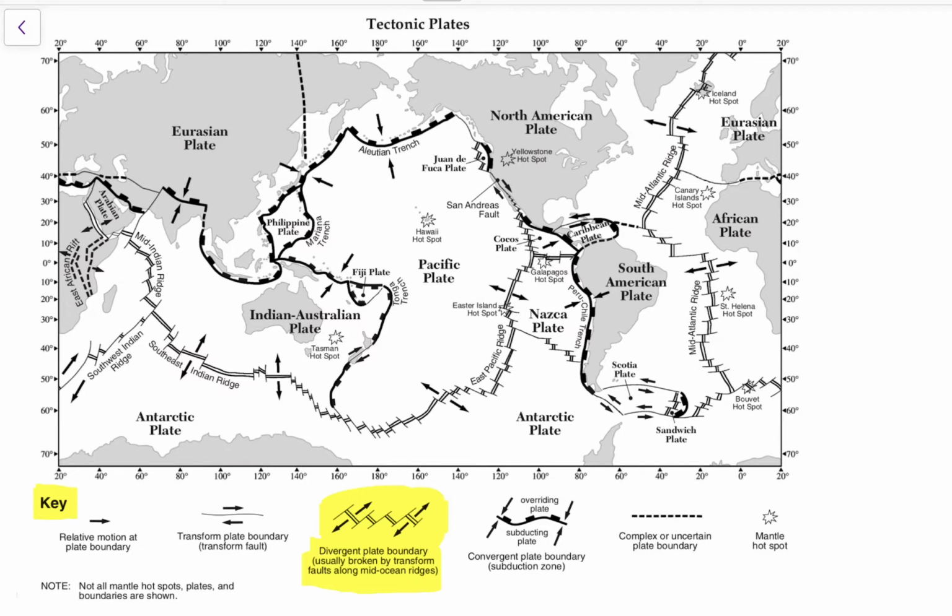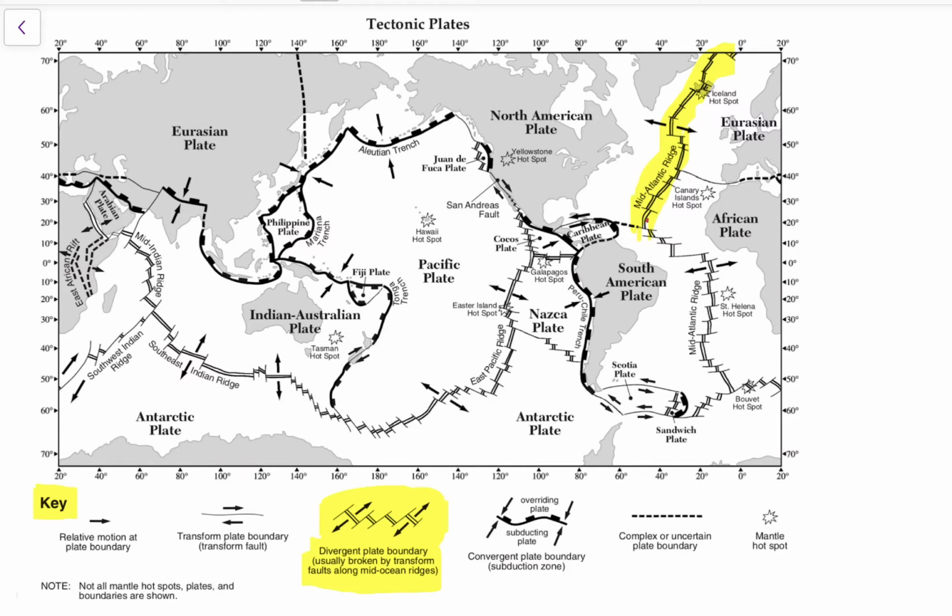Now that we know what the symbol looks like, let's go ahead and find all of the divergent plate boundaries on this map. I'm going to start here in the Atlantic Ocean. The Mid-Atlantic Ridge is a type of divergent plate boundary. Notice that I checked the symbol.